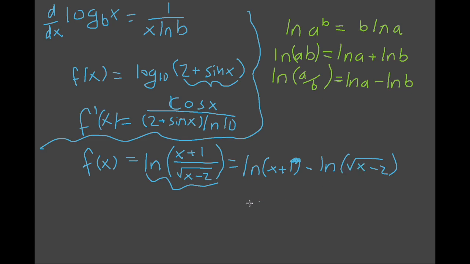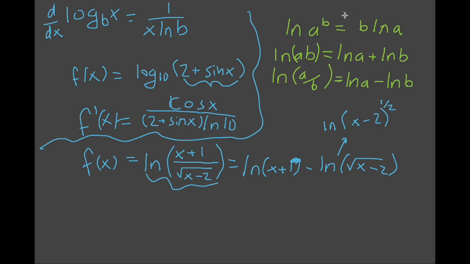we remember that our exponent for a square root is 1/2. So this would be the same as saying the natural log of (x minus 2) to the 1/2 power.